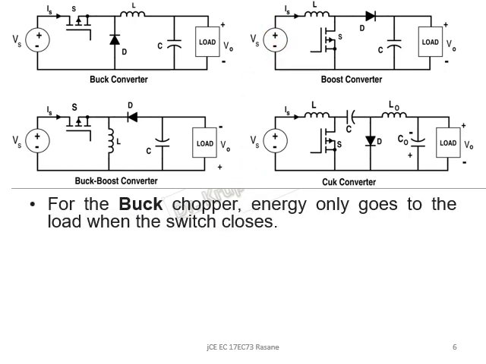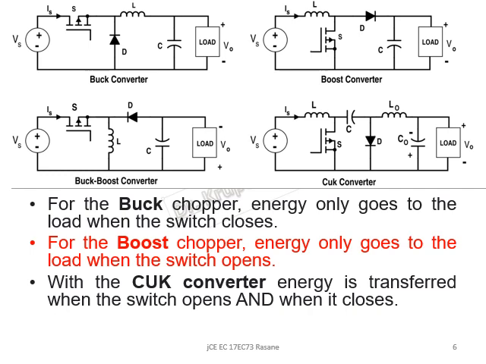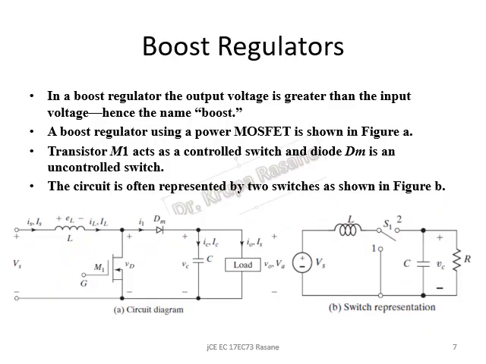For the buck chopper, the energy only goes to the load when the switch is closed, whereas for the boost chopper, the energy only goes to the load when the switch is open. Whereas in the Cuk converter, energy is transferred when the switch opens and when it closes.